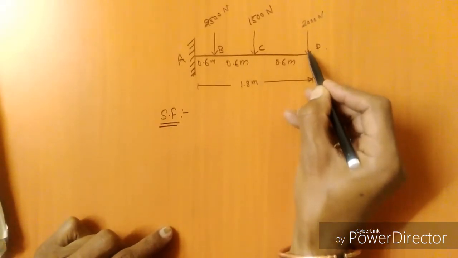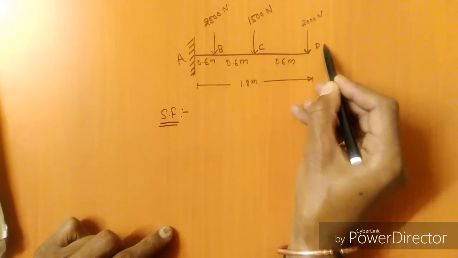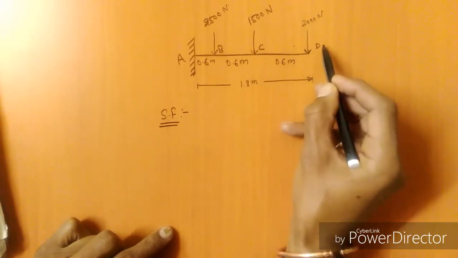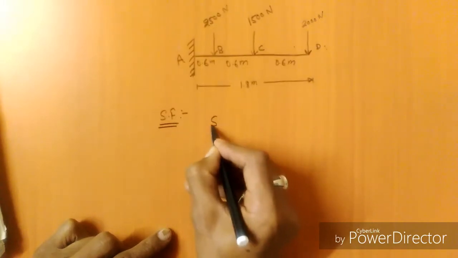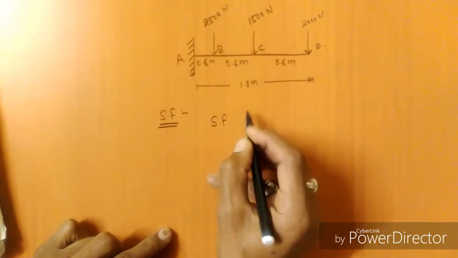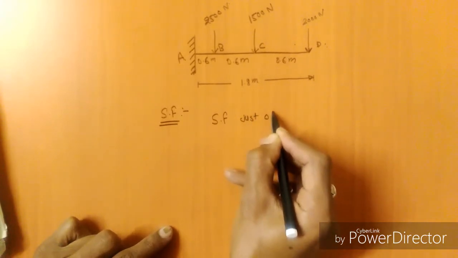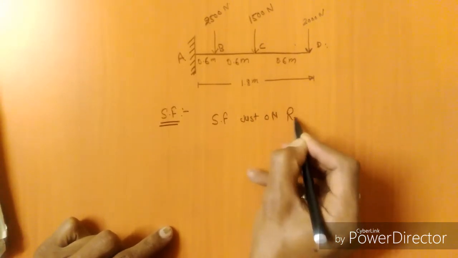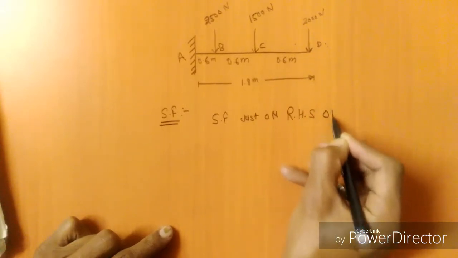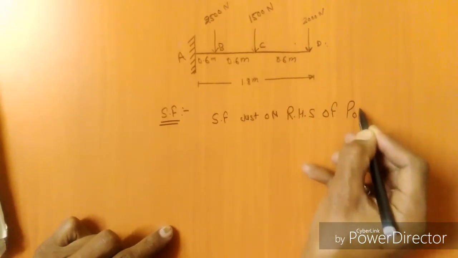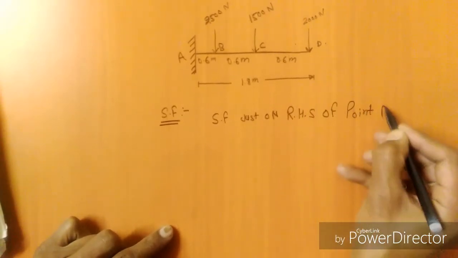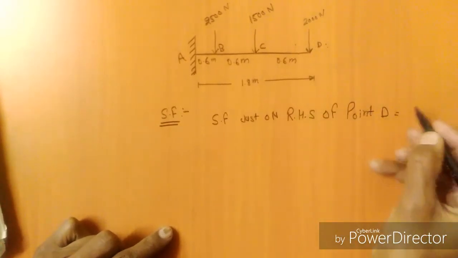First of all we will start from point D. This is the right hand side of D and this is the left hand side of D. So shear force just on the right hand side of point D is equal to 0.